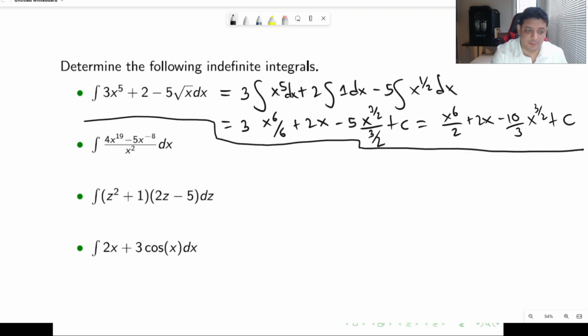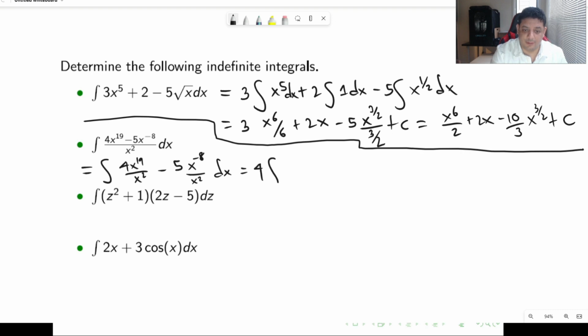Notice that this can be rearranged as a different power. Notice we can first divide this as 4x to the 19 over x squared minus 5x to the minus 8 over x squared. So it's important to do that algebra first to simplify the powers.